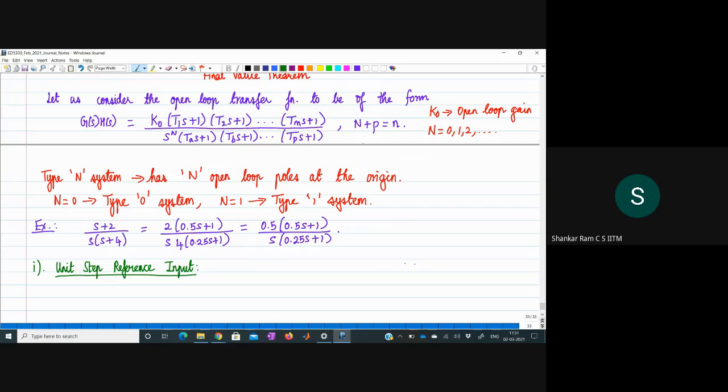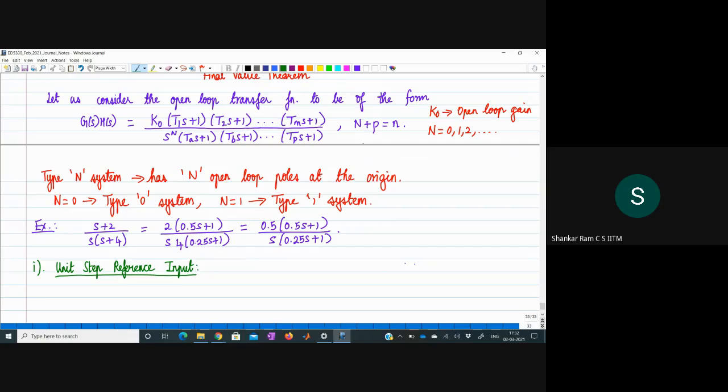That means R of t is 1, so R of s becomes 1 by s. Then the question becomes, what happens to the steady state error as time t tends to infinity? That's what we want to figure out.